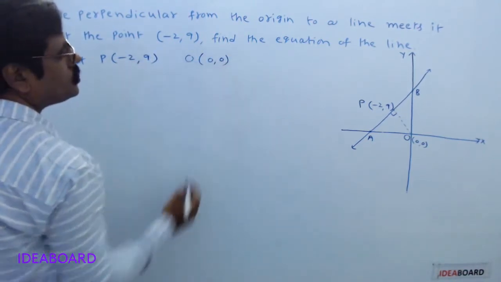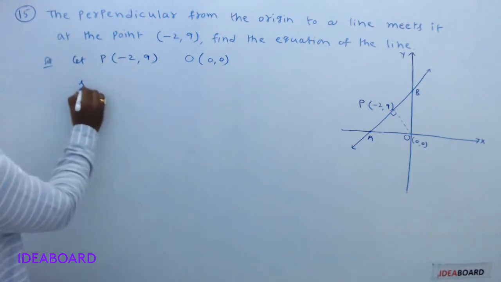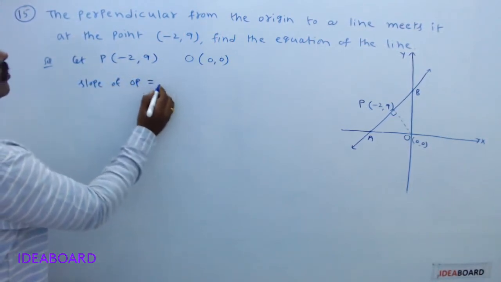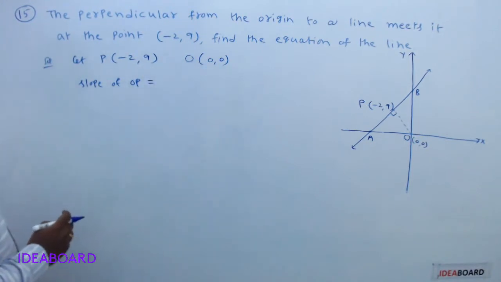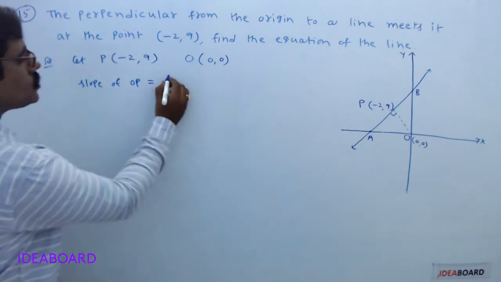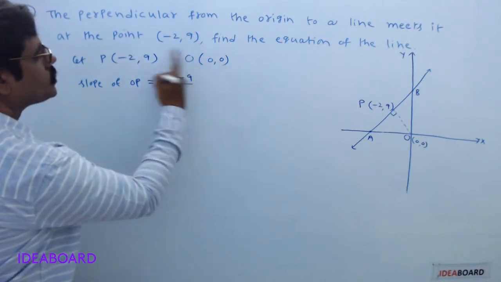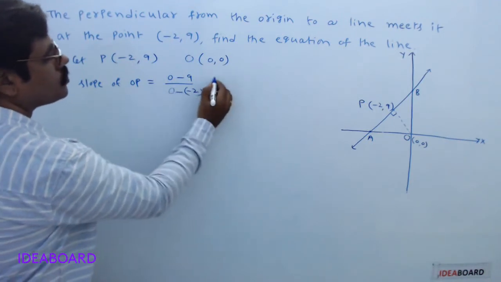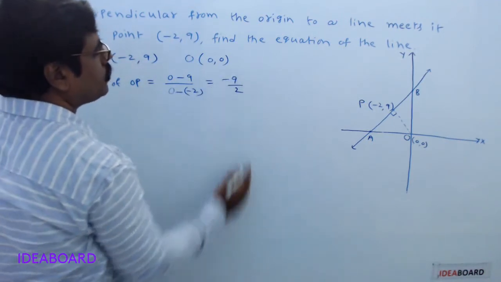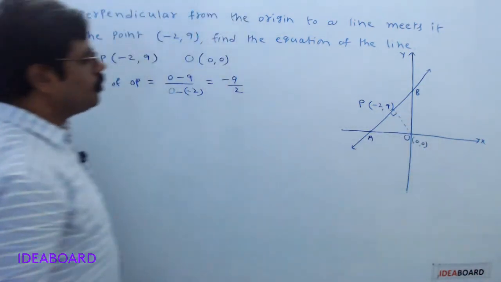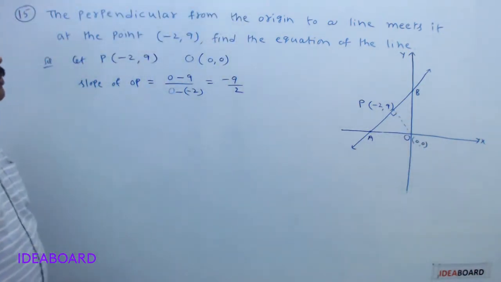Origin is 0, 0. Slope of OP equals 0 minus 9 divided by 0 minus of minus 2, so minus 9 divided by 2.